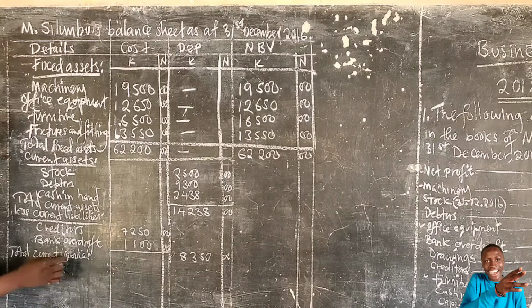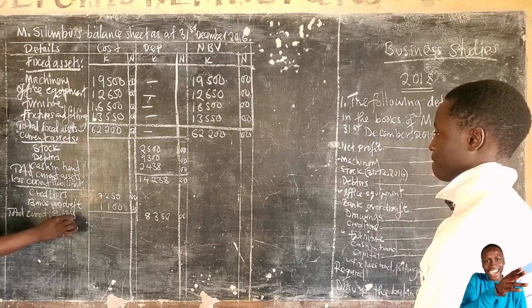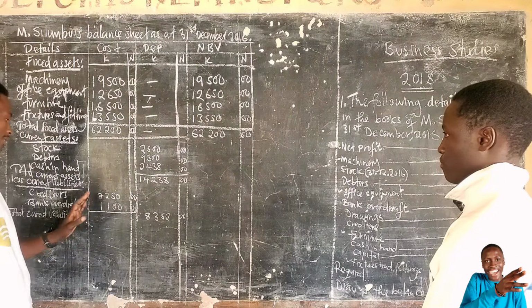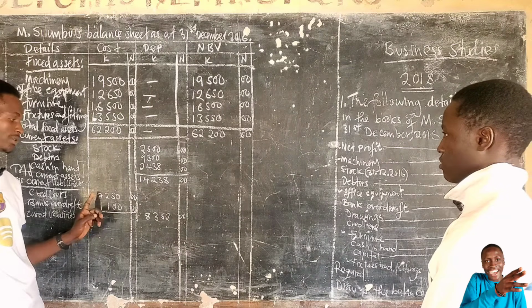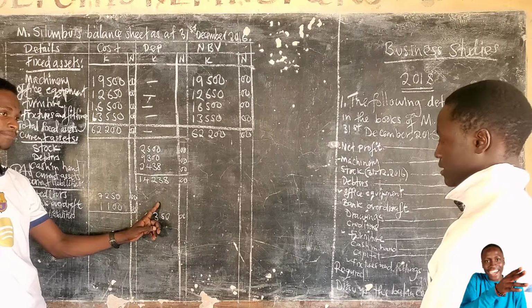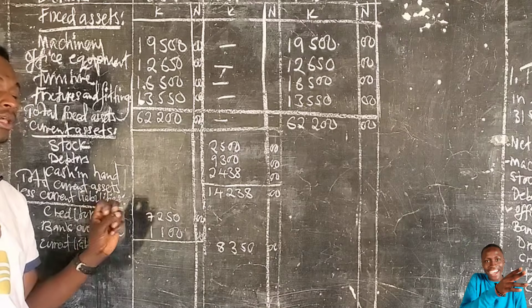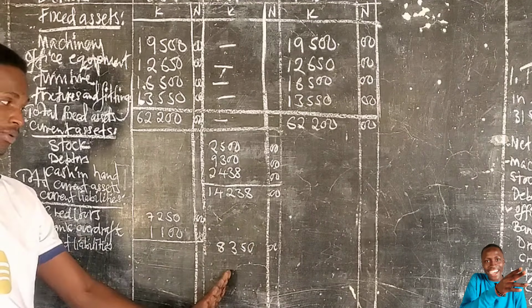If we had one item here, we would have just gone direct here. Yes. You subtract. It's here because we have more than one, so you need to add, then take just a single figure in this column.